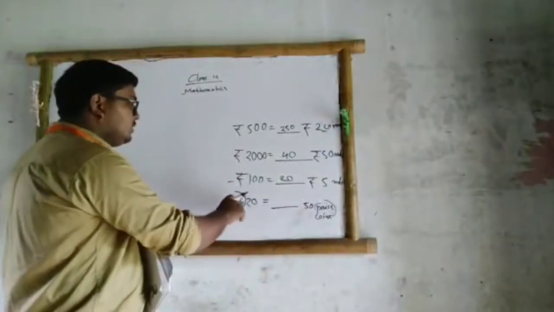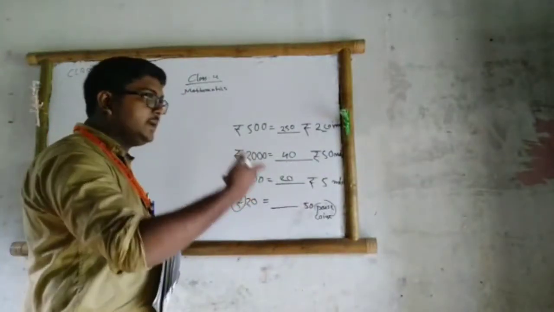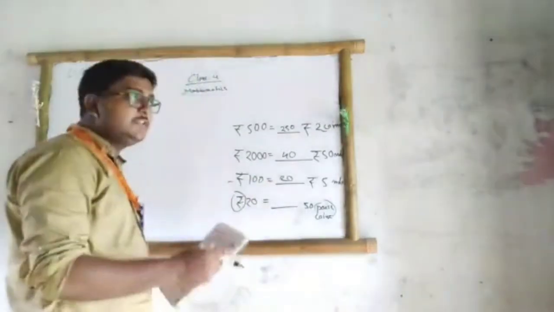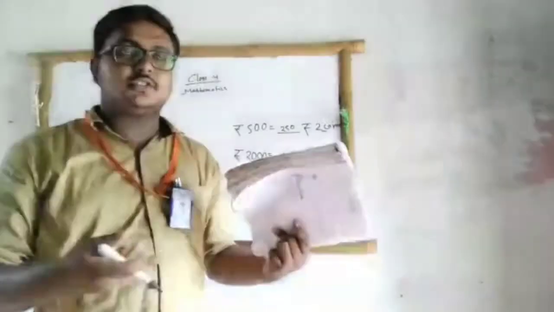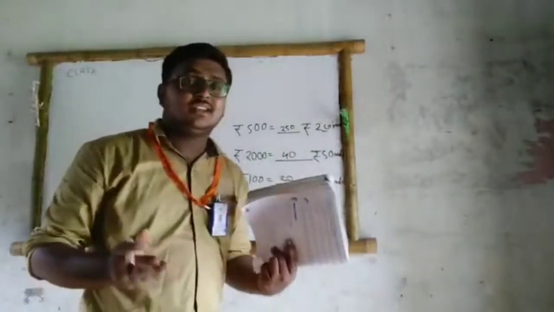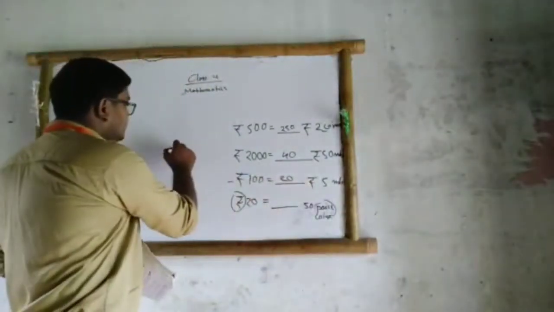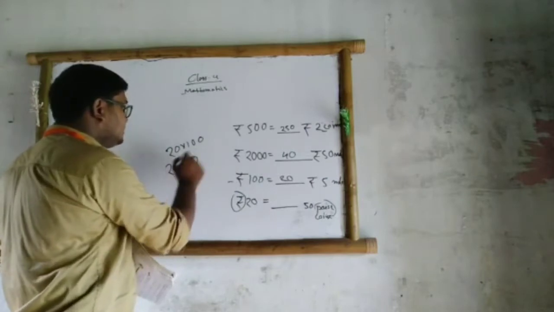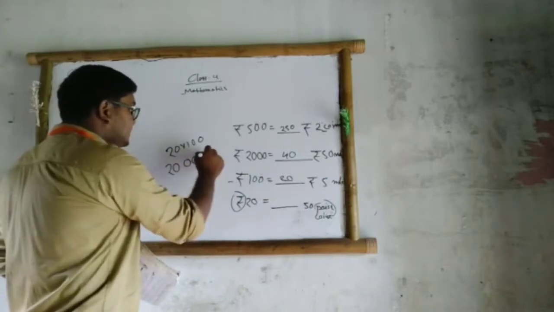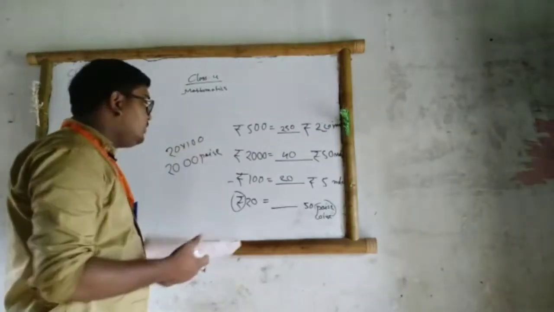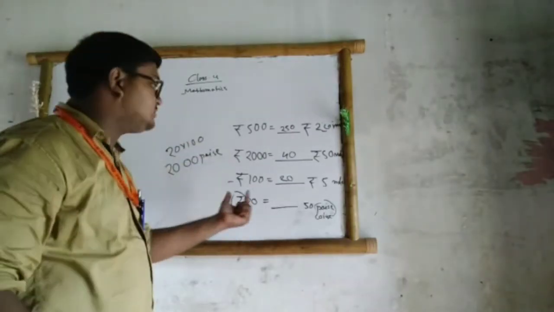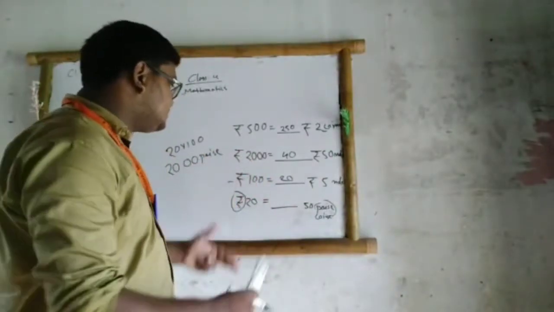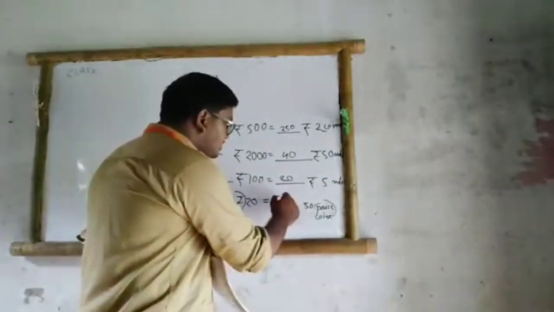To convert this 20 into paisa, you have to multiply 100 with this 20. 20 into 100 is 2000 paisa. Now you have to divide this 2000 by 50, and the answer will be 40.